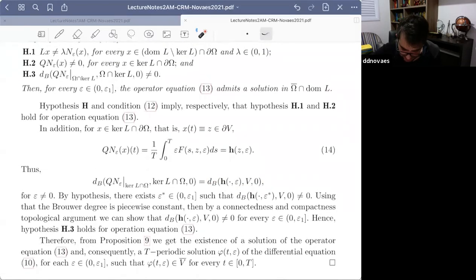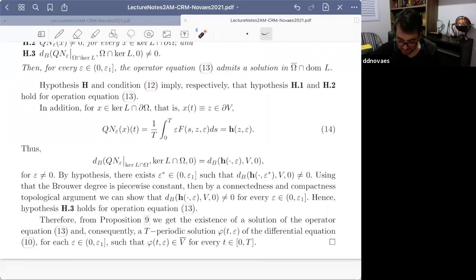And since this Brouwer degree is distinct from 0 for a specific epsilon star, we can use a topological argument that involves the fact that the Brouwer degree is piecewise constant, and some connectedness and compactness arguments. We can show that this Brouwer degree actually is distinct from 0 for every epsilon between 0 and epsilon 1. So hypothesis H3 also holds for the operator equation.